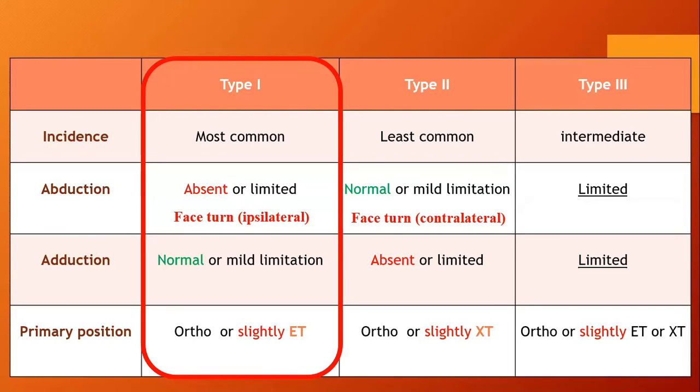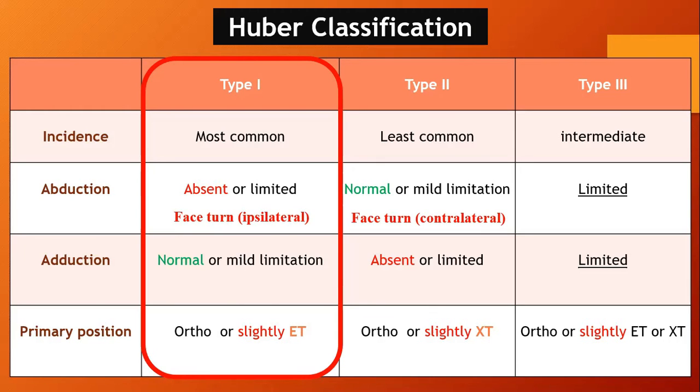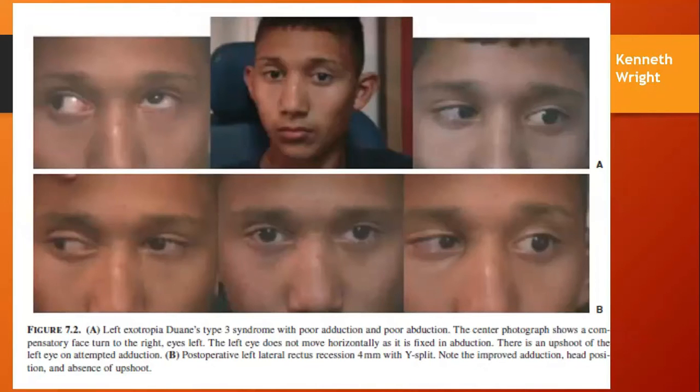Type 3 is a combination. So we have here limited abduction and limited adduction, and it could be ortho or ET or XT. And the fistula depends on the alignment in the primary position. By the way, this is called the Huber classification. This is from Kanski and Bowling.